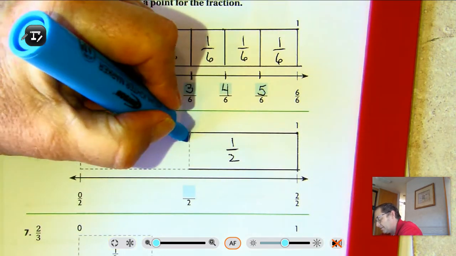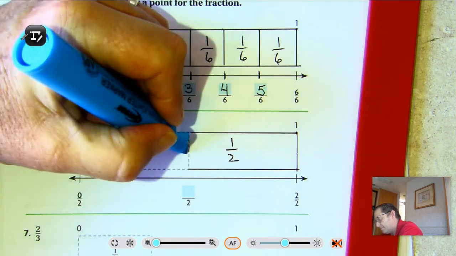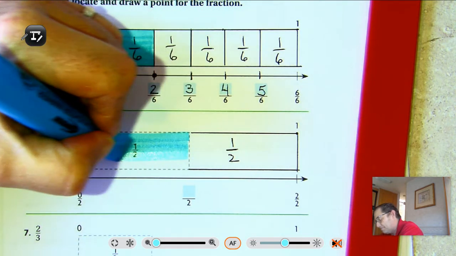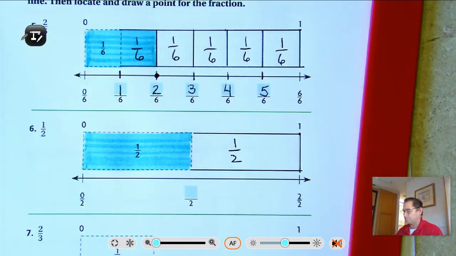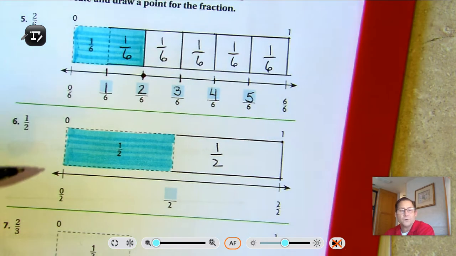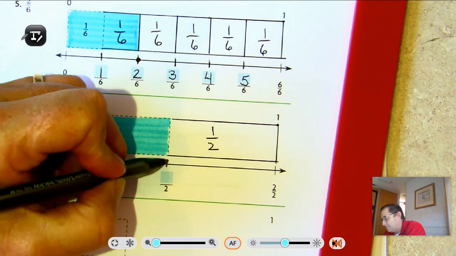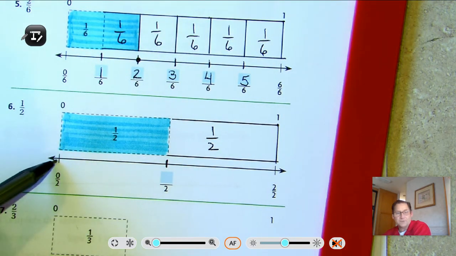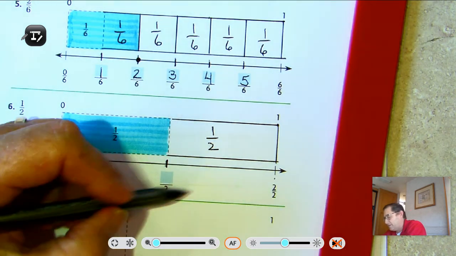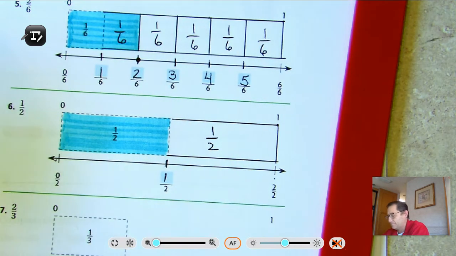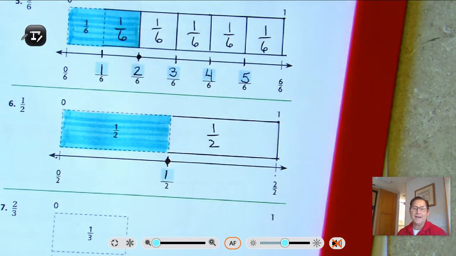So we're going to color in or shade 1/2 of the number line. Put a mark on the line at the end of each fraction strip. So there's one at 0/2, one at 1/2, and one at 2/2. So here's 1/2. So put a point at 1/2.